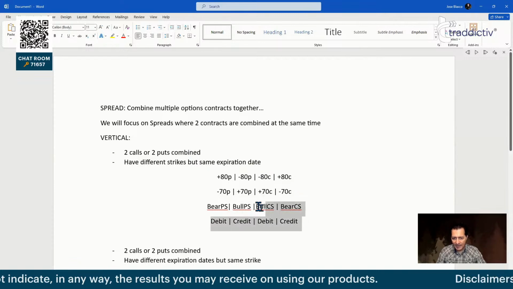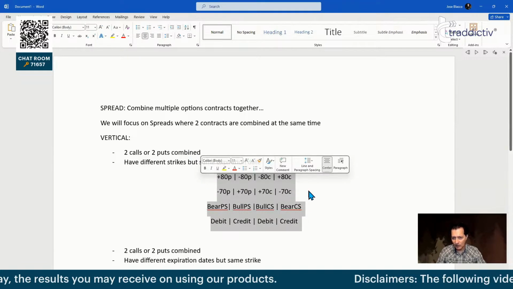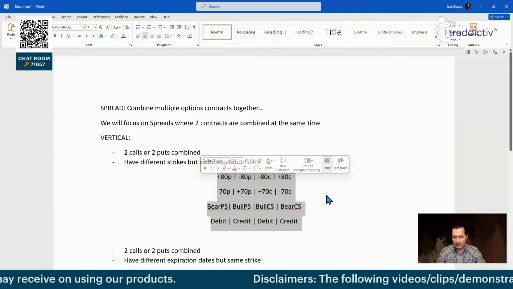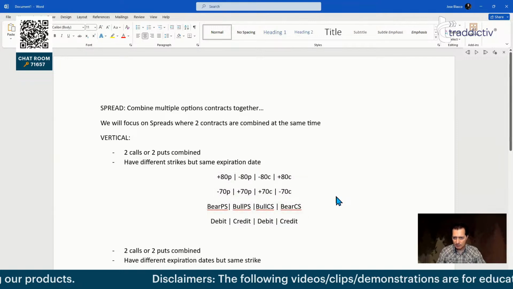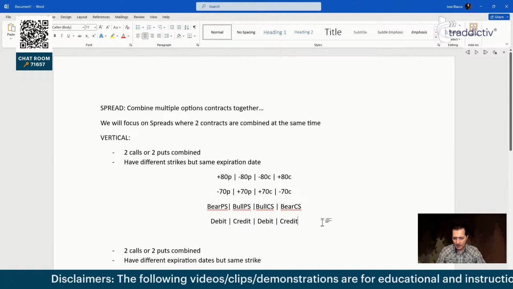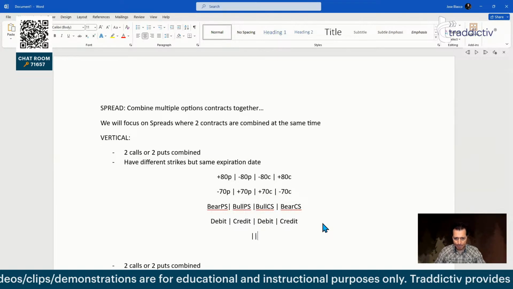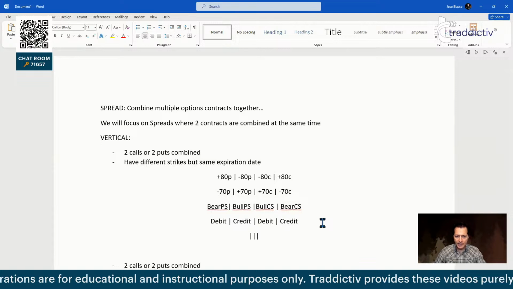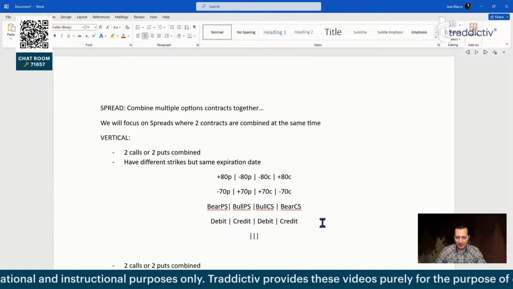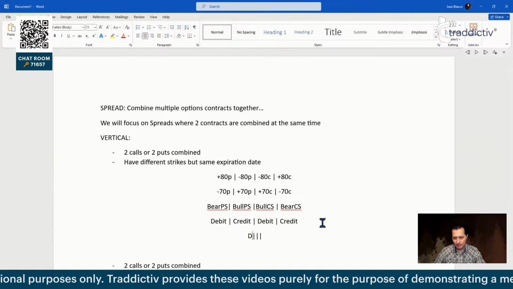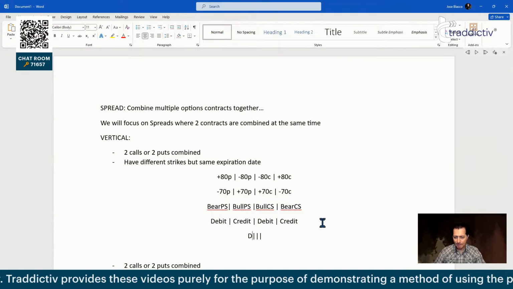Now, when looking at these strategies, the first thing that you will notice is that this is directional. Doing a bear put spread, it's directional all the way.